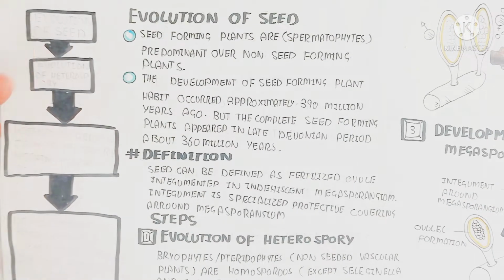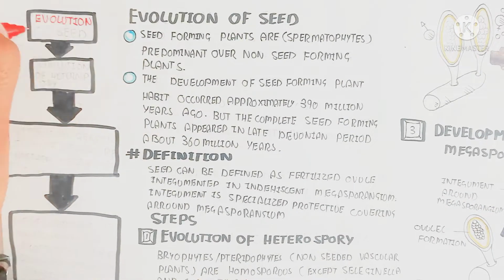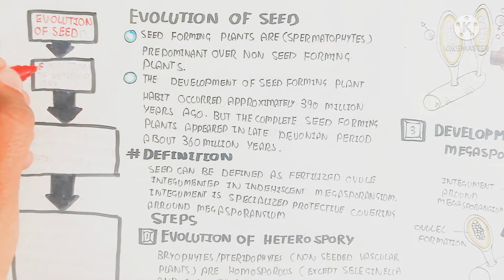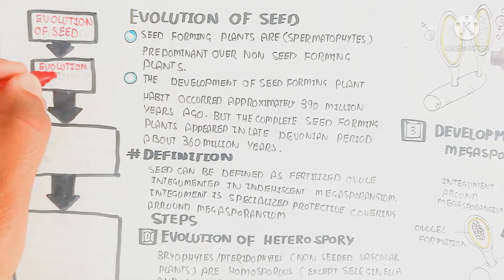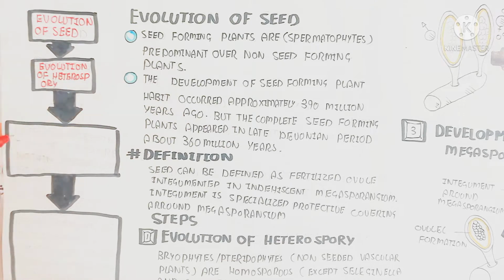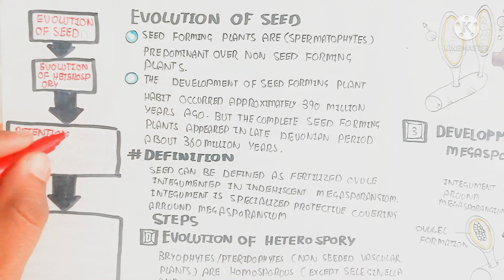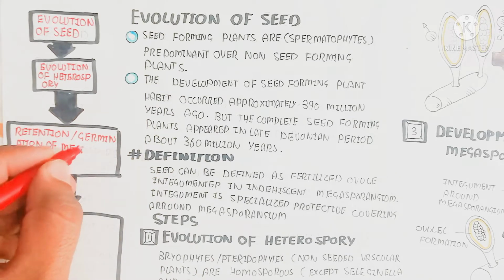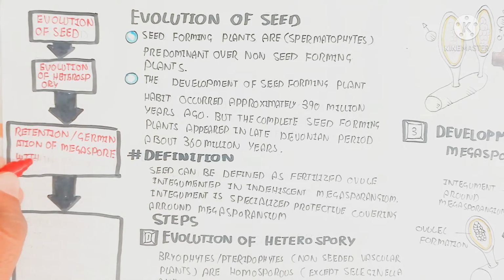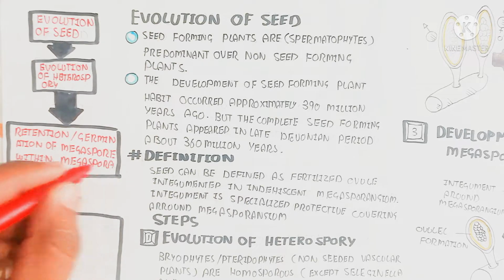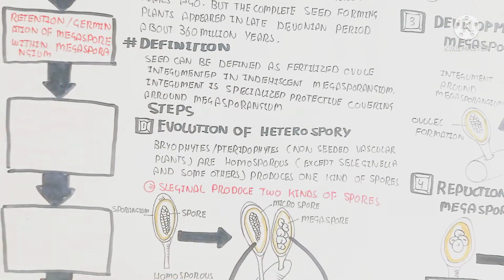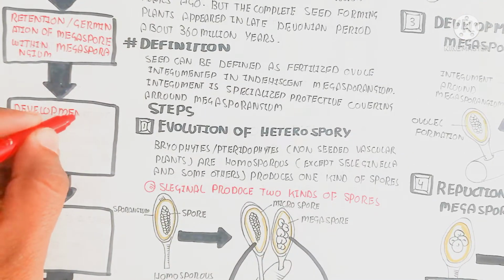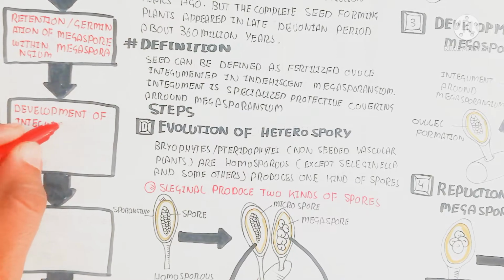So let's begin to understand the summary of the evolution of seed. First is the evolution of heterospory, and the second is the retention and germination of the megaspore within the megasporangium. After this, the development of integument as a protective layer around the megasporangium, and then the reduction to a single functional megaspore per megasporangium.